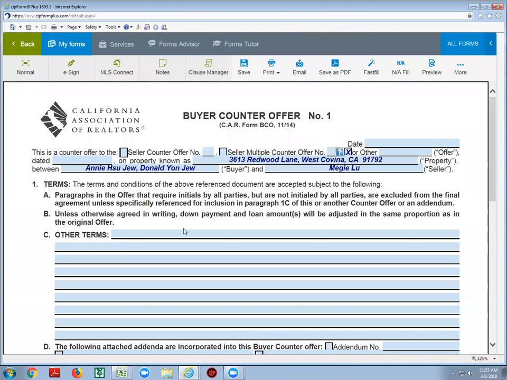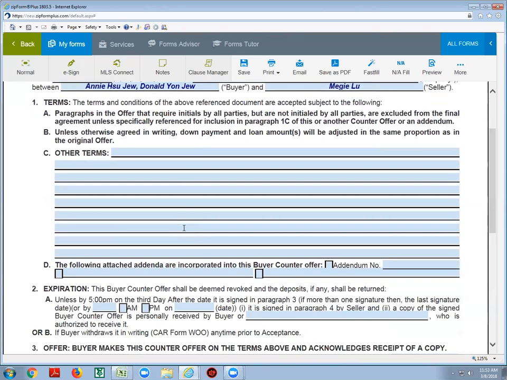Then same thing here. The paragraph is the offer that requires initials by all parties, and those not initialed by all parties are excluded from the final agreement unless specified by reference, including in paragraph 1C of this or another counter offer or an addendum. Same thing B: unless otherwise agreed in writing, down payment or loan amount will be adjusted in the same proportion as in the original offer.